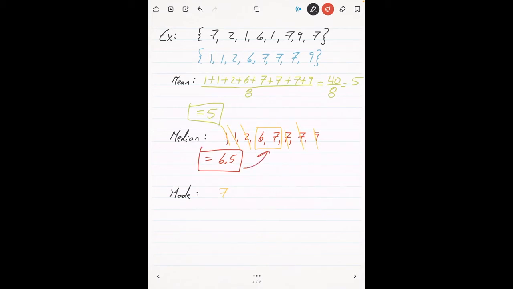It's okay that 6.5 was not in the data set. That's totally okay. Again, we only do this when there is an even number of data points. When there's an even number of data points, we take the 2 middle numbers and find what's right in between them.